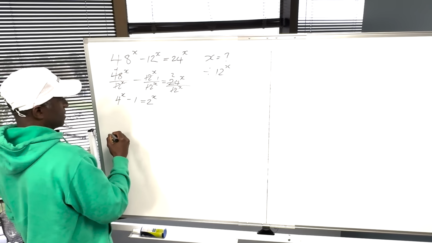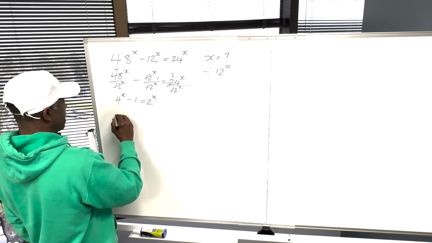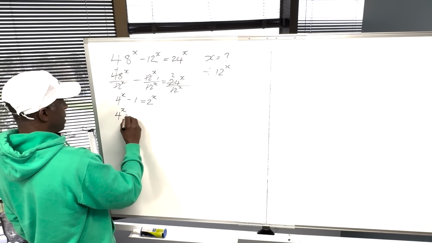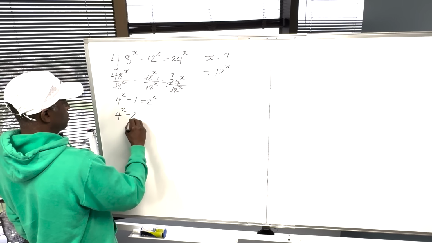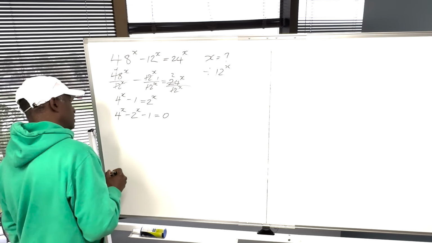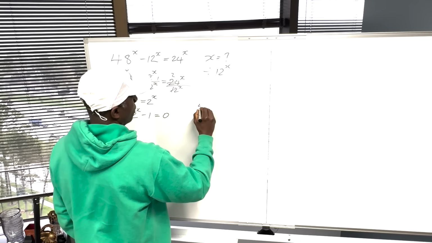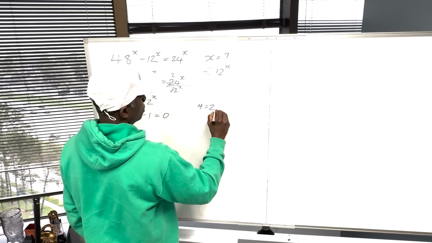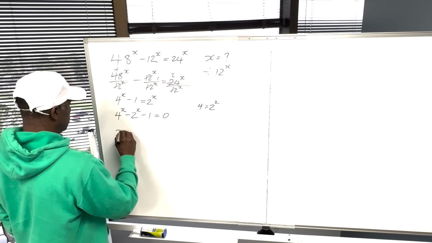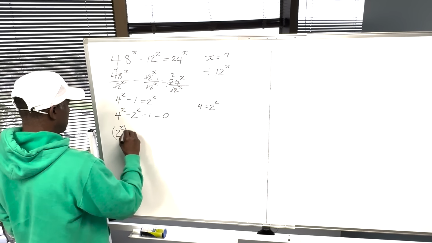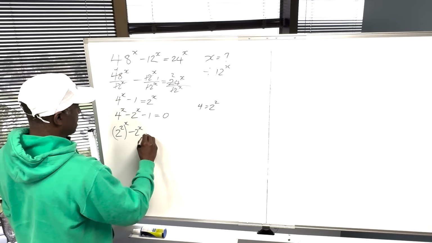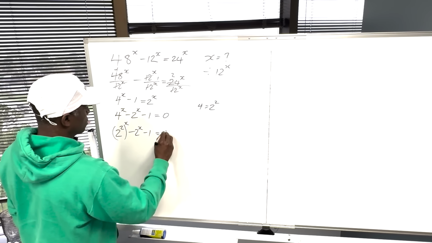All right, so let's work with this one more time. Let's say 4 to the x minus 2 to the x minus 1 is equal to 0. We know that 4 is equal to 2 squared. So let's say 2 squared to the x minus 2 to the x minus 1 is equal to 0.